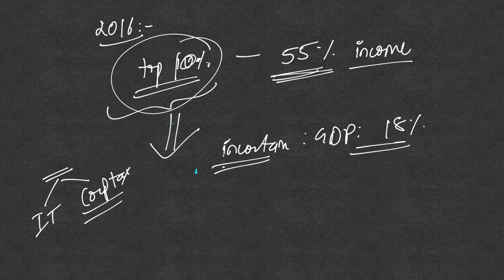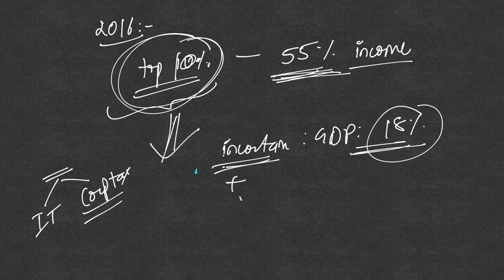So just the income tax to GDP ratio would have become 18% if this top 10% of the people who account for 55% of the nation's income had paid their taxes honestly. And if we were to include even the corporate tax in this, then the direct tax to GDP ratio would have become more than 20%.